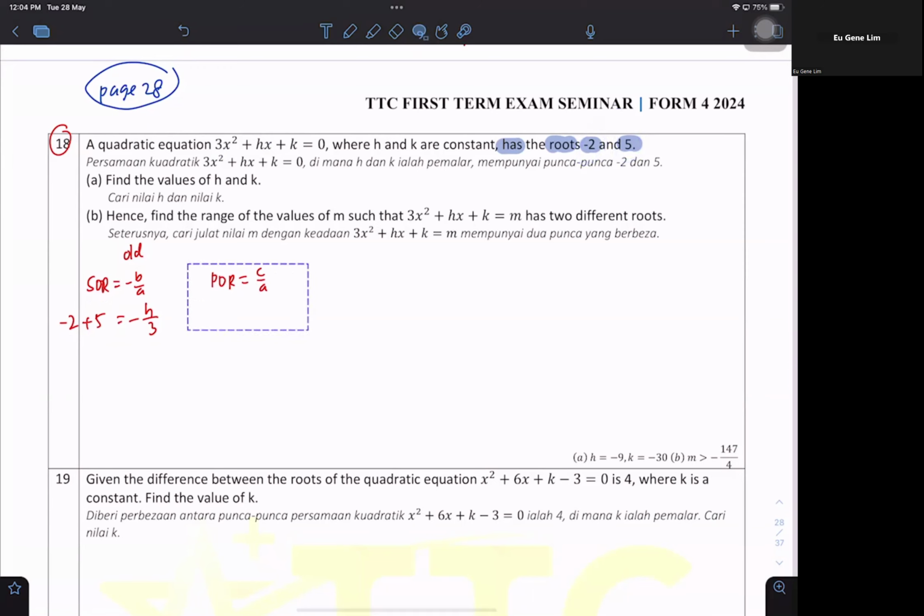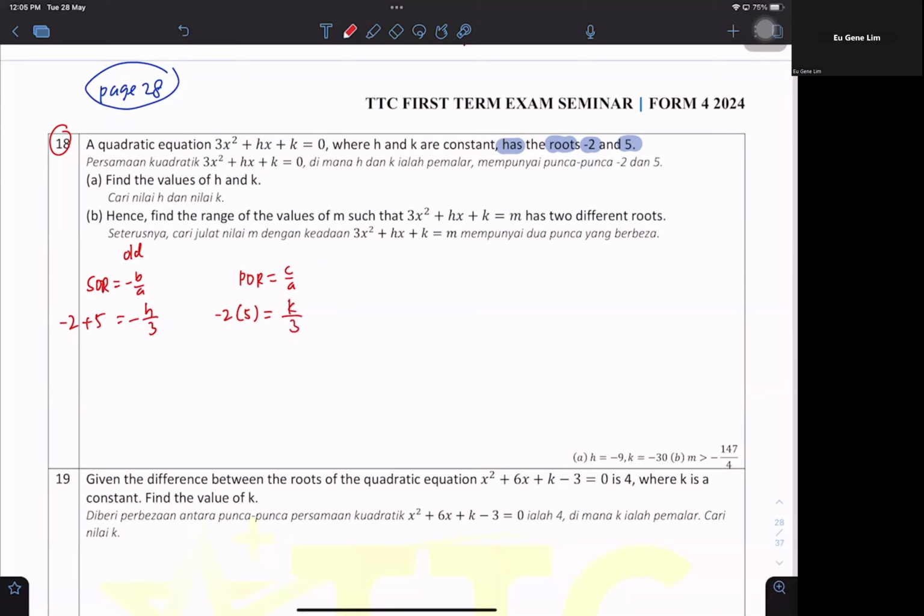So how about the product? Product is product of roots, -2 times 5. You must do both the left and right side. Understand? -2 times 5, or 5 times -2, same. C over a is k over 3.